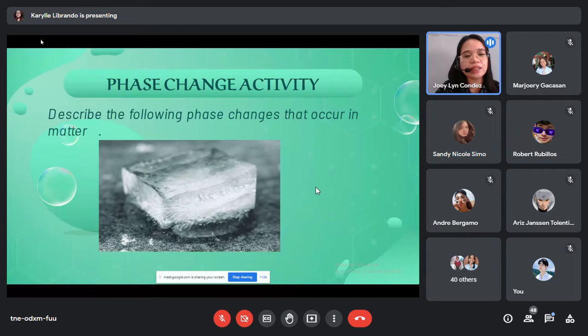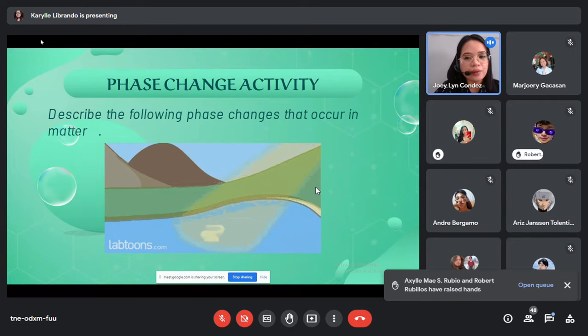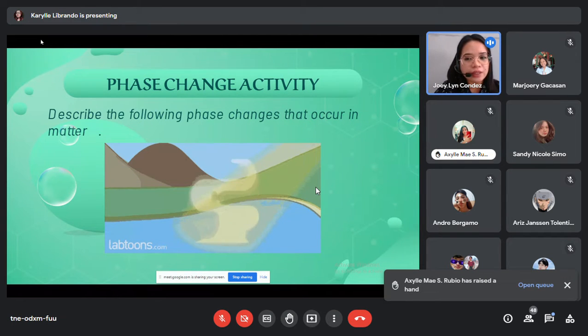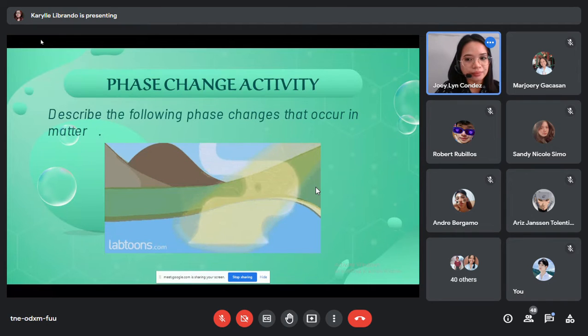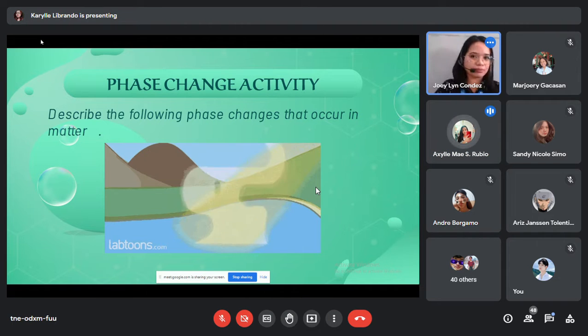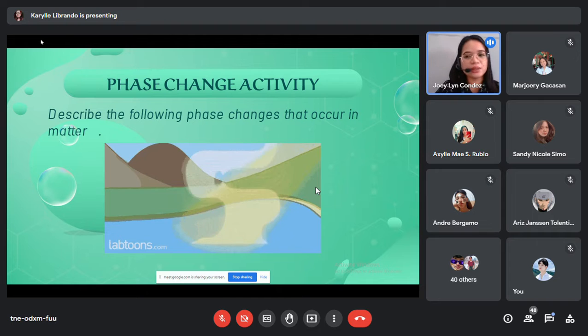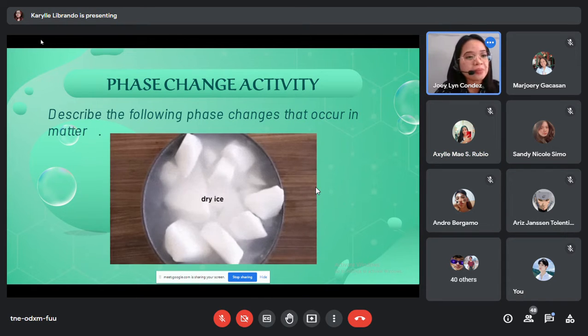Okay, let's have the next picture. Yes, what about this one? Axel, go ahead. Evaporation, no? Evaporation, what does it mean? From liquid to gases. Okay, very good. Thank you, Axel.